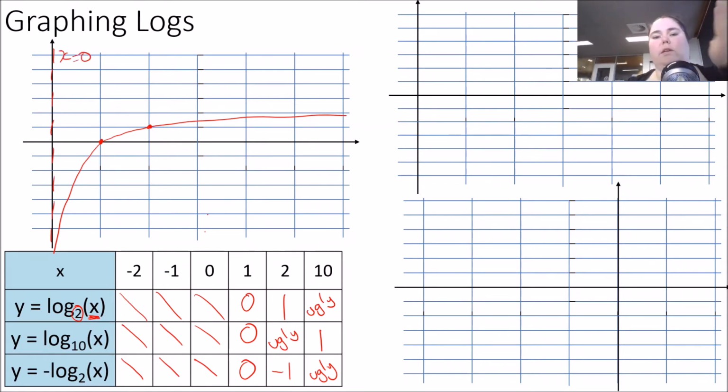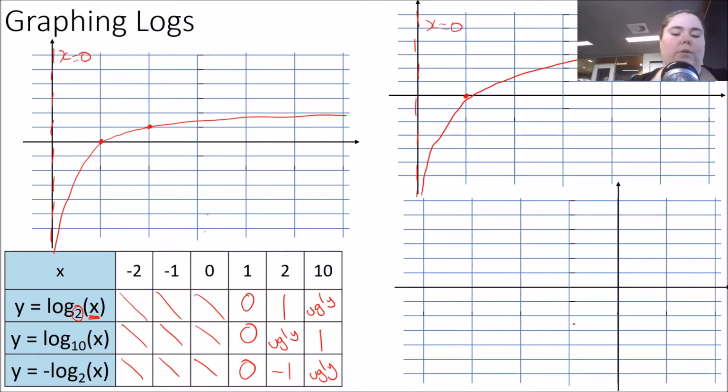Because these are vertical lines, it's x equals. All right, next one. So 1, and then when x is 10, y is 1. I can't even graph that one, but if you put your scale better, you would be able to. Once again, asymptote is x equals 0.